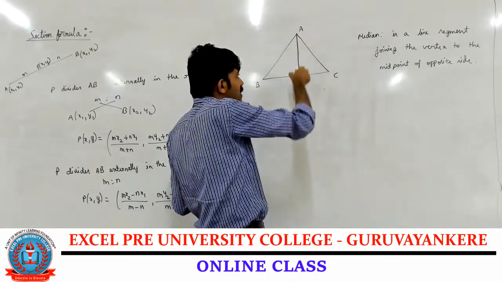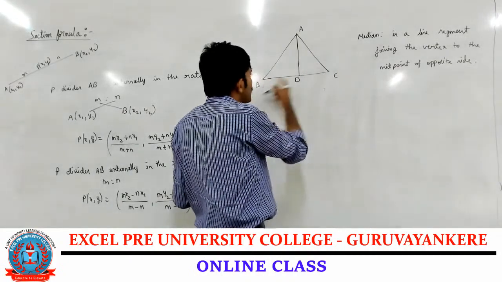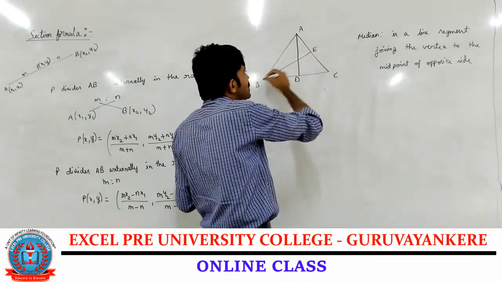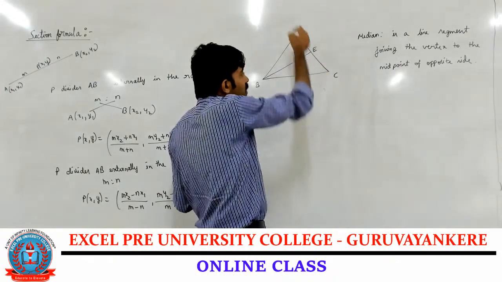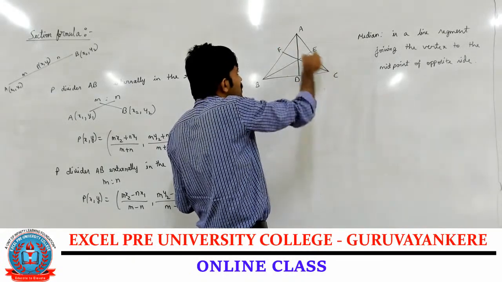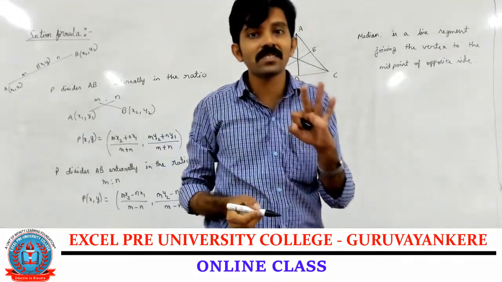D is the midpoint of BC, so AD is the median. BE is the median, E is the midpoint of AC. CF is the median, F is the midpoint of AB. There are three medians for a triangle.